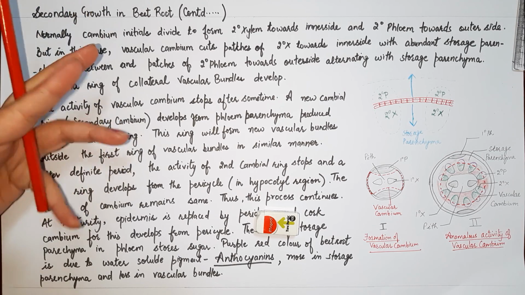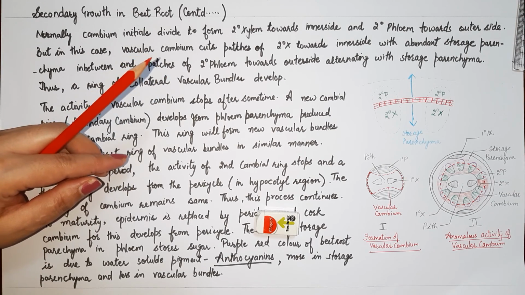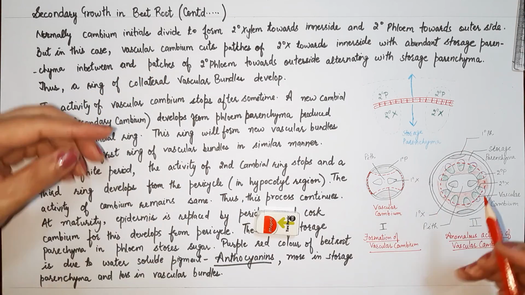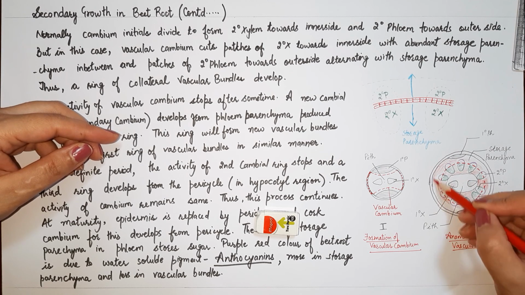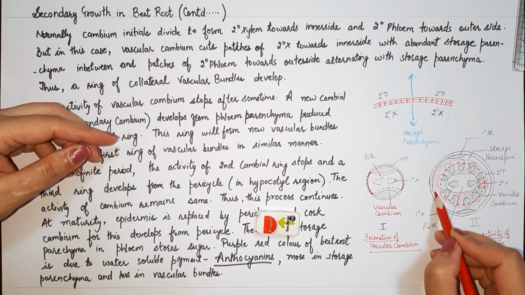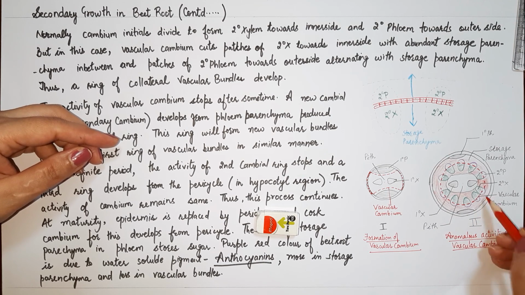So, there is no continuous ring of xylem and phloem now, but they are in discrete patches of vascular bundles, and in between abundant storage parenchyma is present. So, this is an anomalous feature. So, you will shade the complete area, just leaving the region of primary phloem.